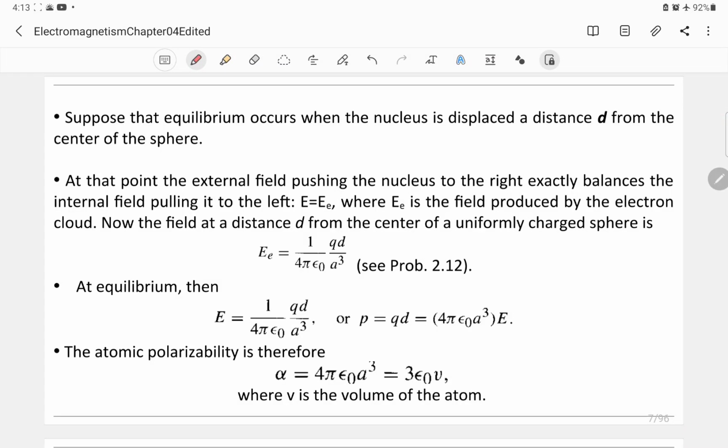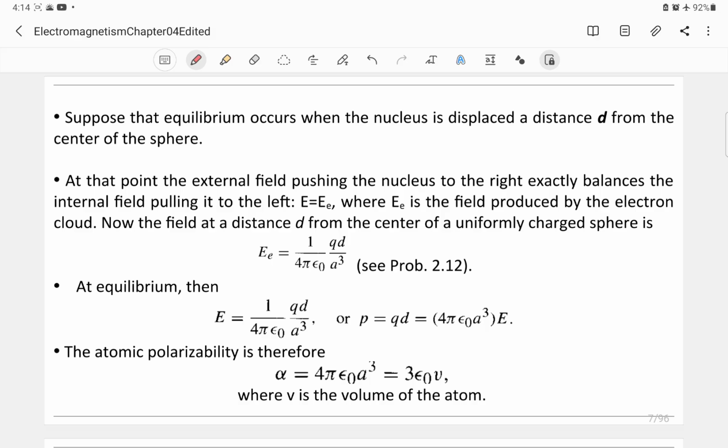At that point, the external field pushing the nucleus to the right exactly balances the internal field pulling it to the left. So your external field is just equal to the electric field produced by the electron cloud, to balance the external field.